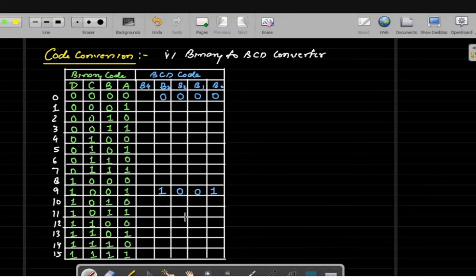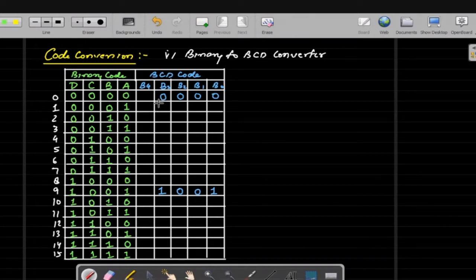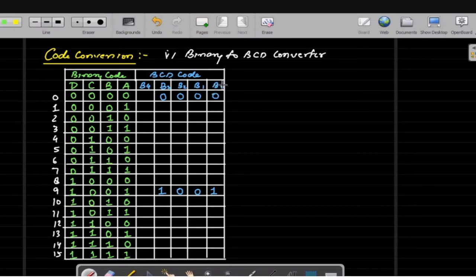So can we fill it completely? Stop, because we have one important note: up to 9, there is no difference between the binary code and the BCD code. So we can fill it.